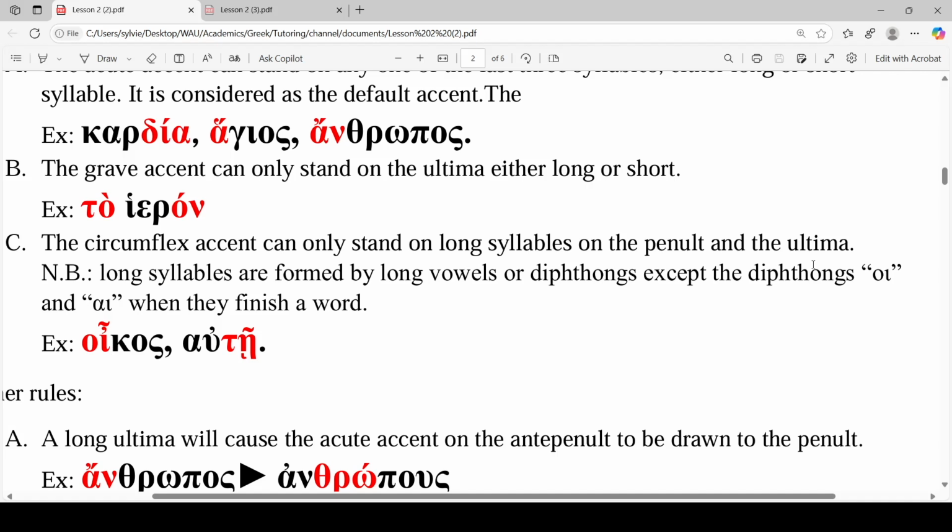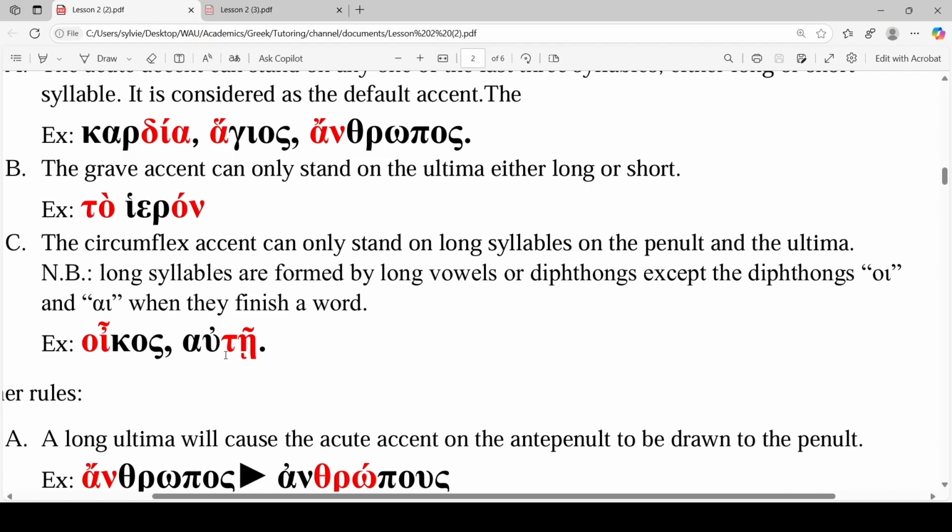And oi is not at the end of a word, so I can consider the syllable a long one. That's why the circumflex accent is possible here. Okay? Now, in the word aute, the accented syllable is the last syllable, the ultima.